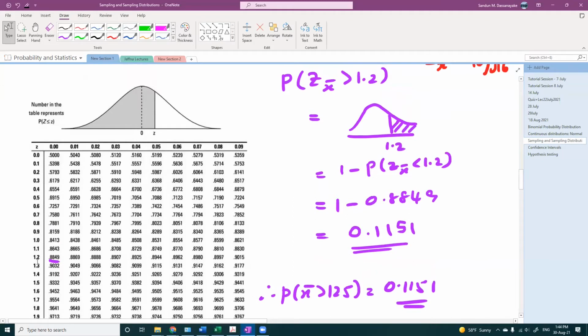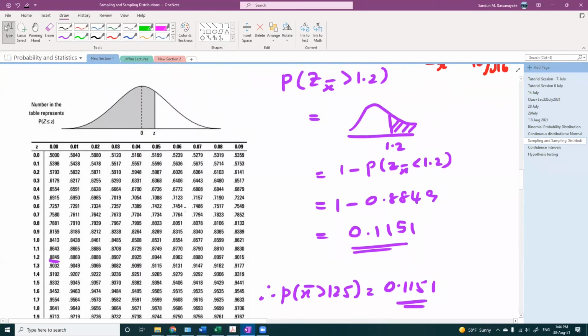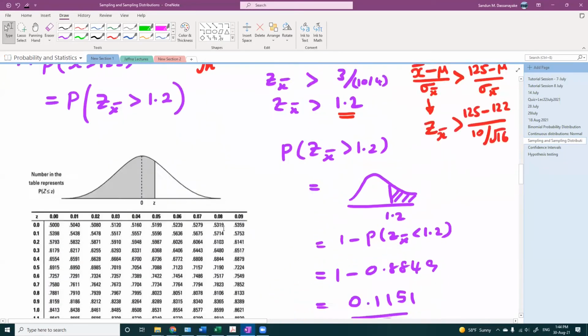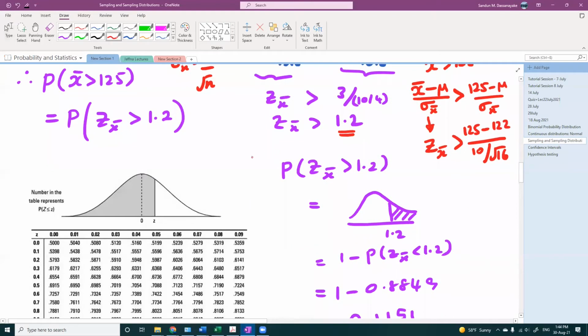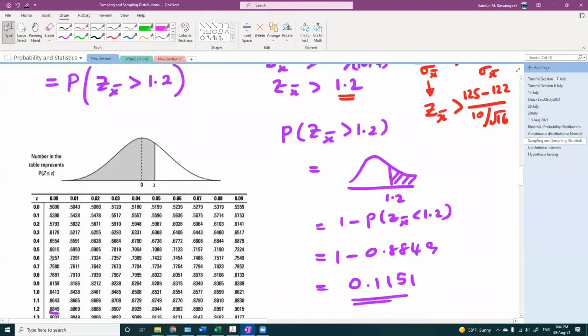We go down and find 1.2, with no extra decimal point. The value is 0.8849. That is the area under the curve for Z equal to 1.20: 0.8849.